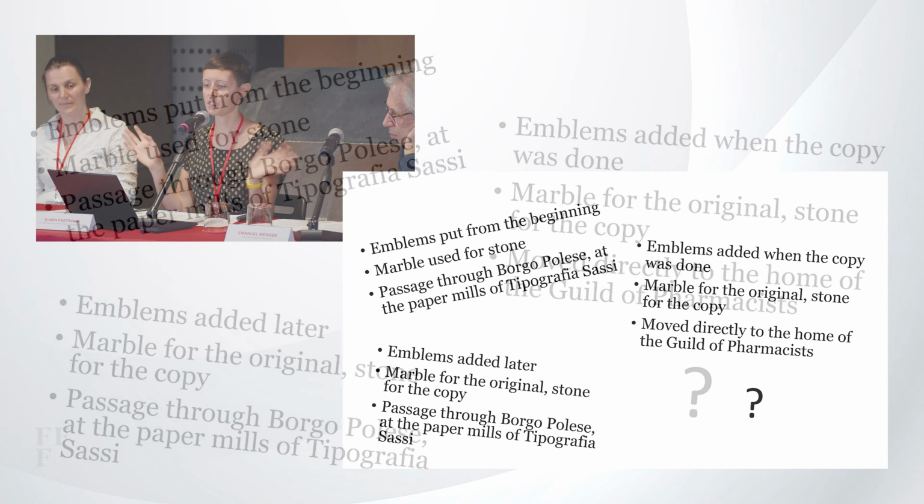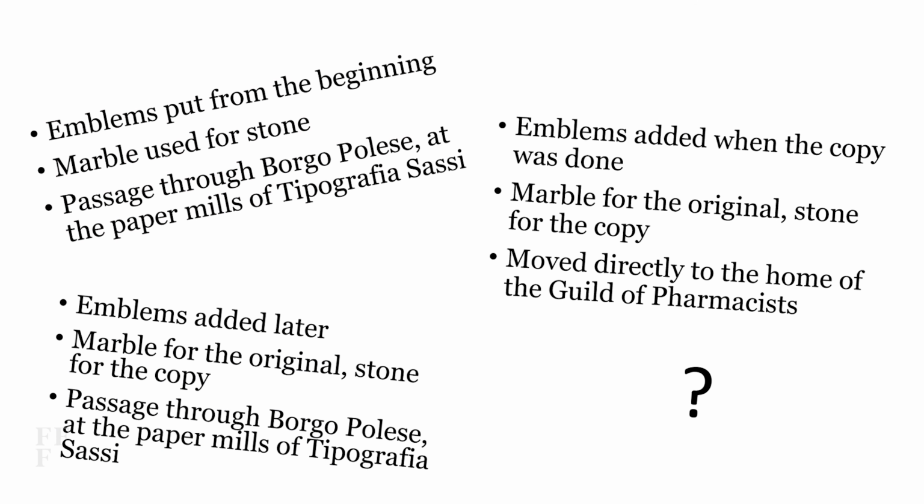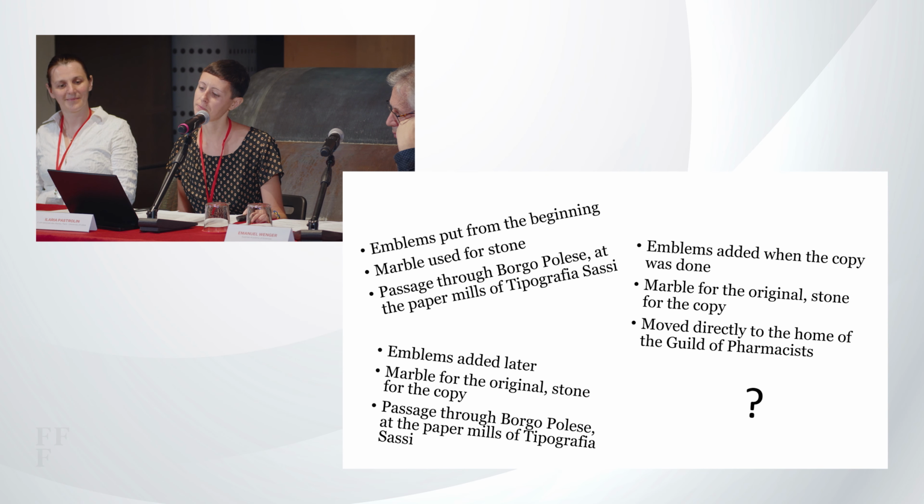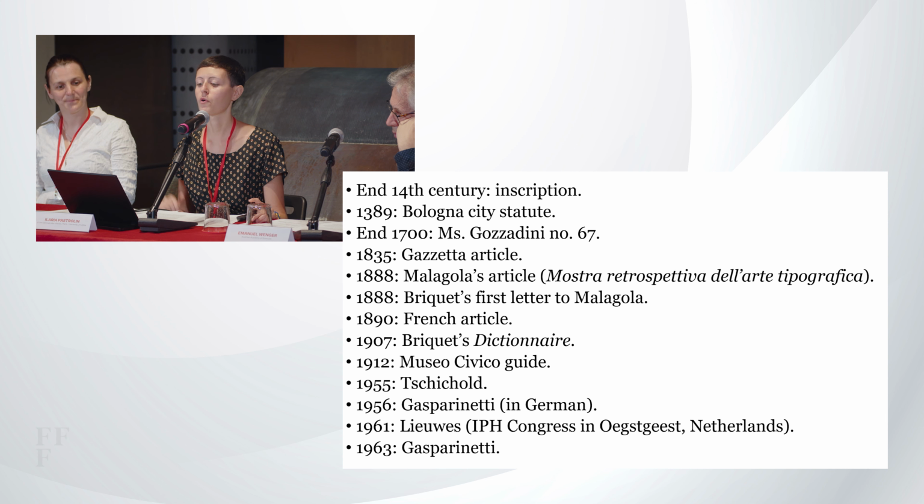So here are just some brainstorming, random hypotheses combining the different possibilities that we have for the date, the location, the material, the placement of the stone. Here you have all the sources that talk about the Bologna stone.